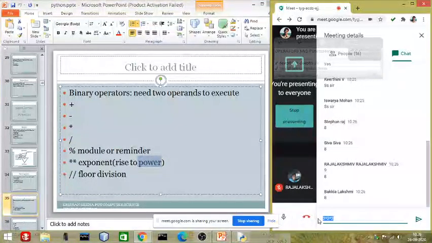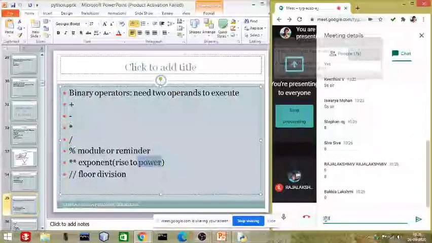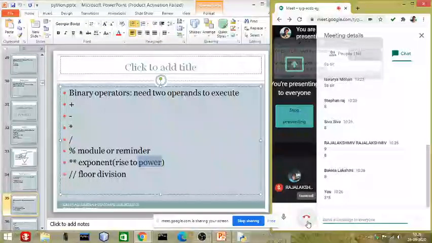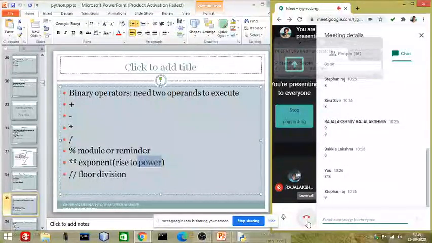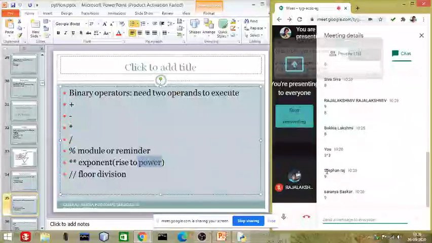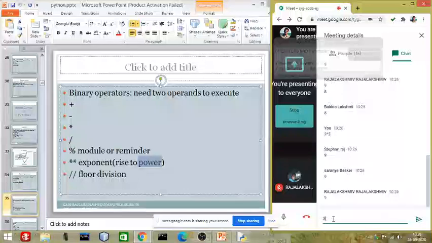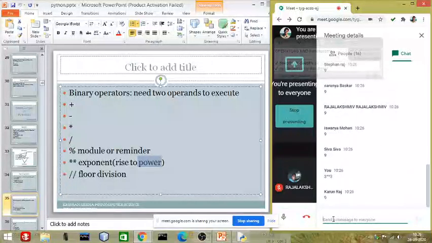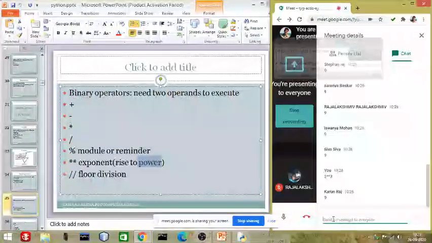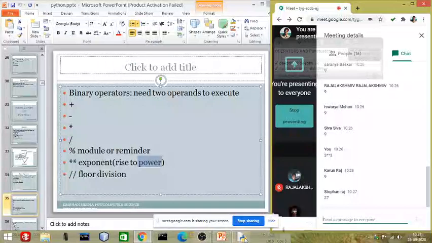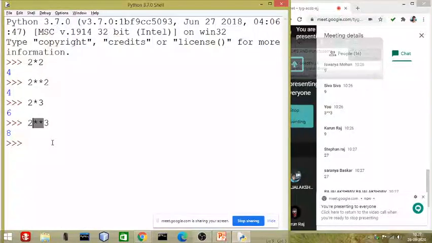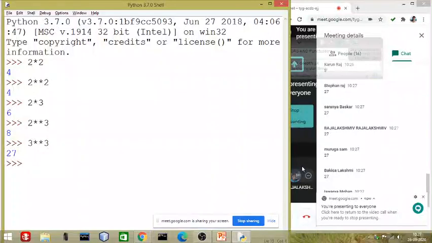Clear? Again, if I write 3 multiplied by 3, what answer will I get? Stephen Raj is telling 9. Saranya is also telling 9. Yes, we will get 9, simple. But if we write 3 double asterisk 3, then what answer will come? Then we have to think. You have to think, but Python will not take that much time. 3 to the power 3 is equal to 27 will come as the answer.